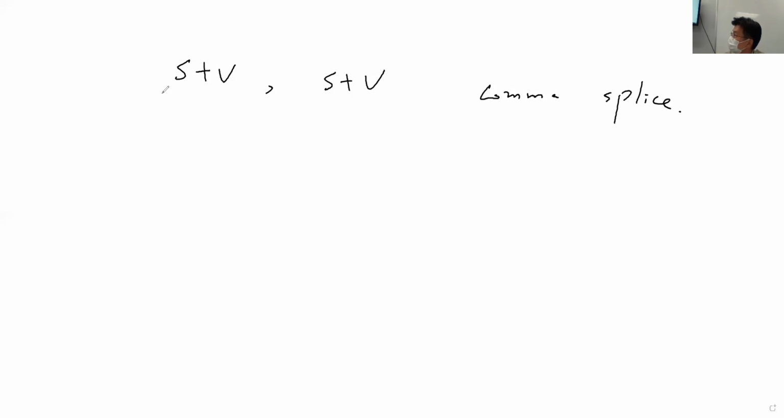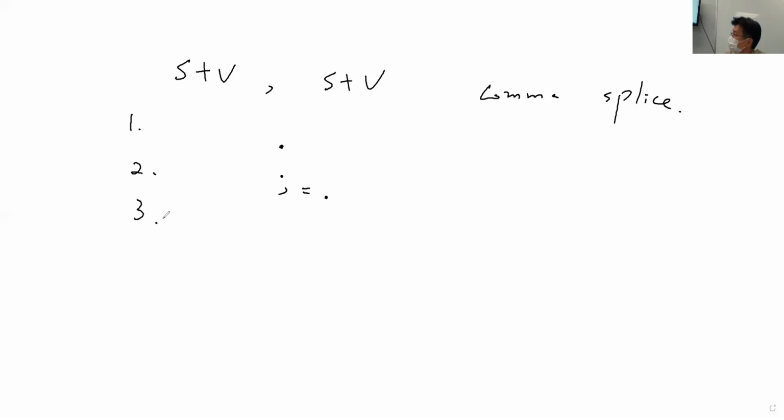How can we prevent a comma splice? The first case is, instead of a comma, you put a period, so we separate them out and don't need to worry about the comma splice. Number two is, instead of a comma, we put a semicolon, because a semicolon is equal to a period.